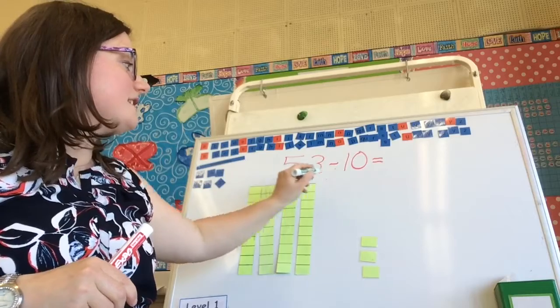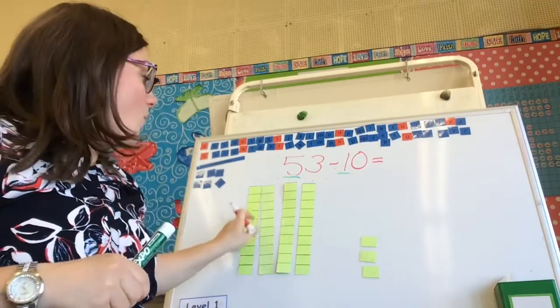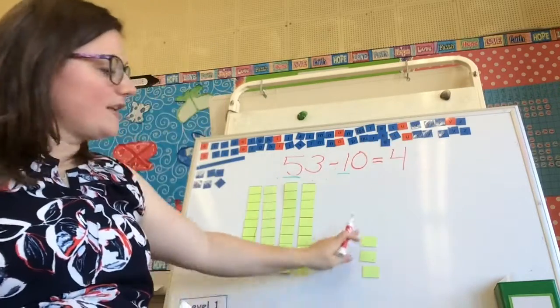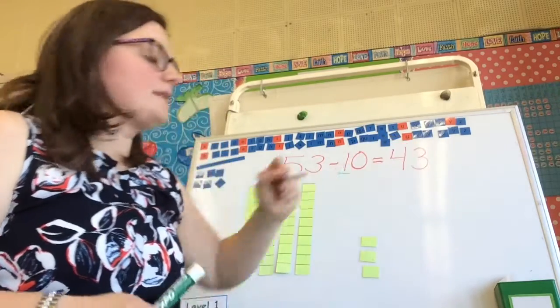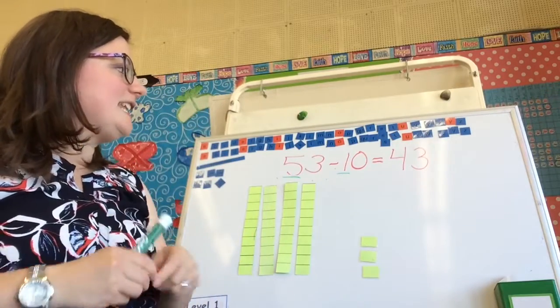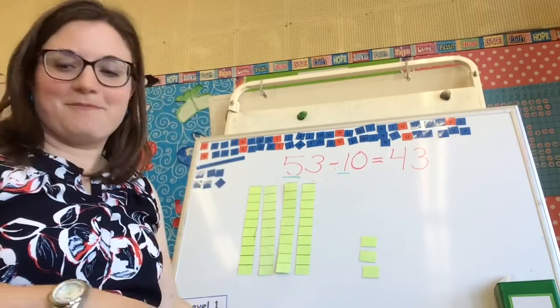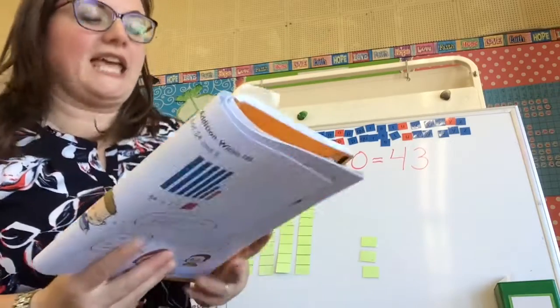I started with 5 10s and I take 1 away. I have 1, 2, 3, 4 10s left. And did my ones change? Nope, I still have my 3 ones. So what's my answer? 53 take away 10 is 43. Awesome.